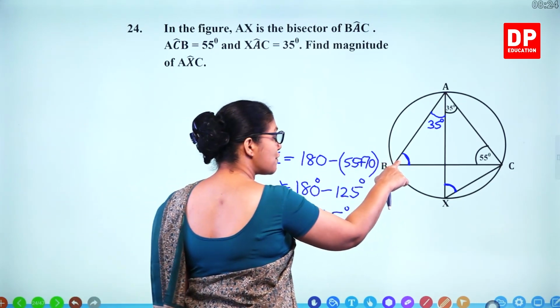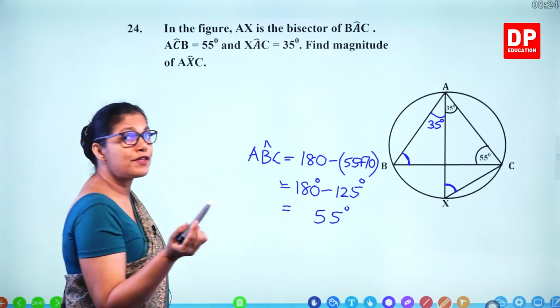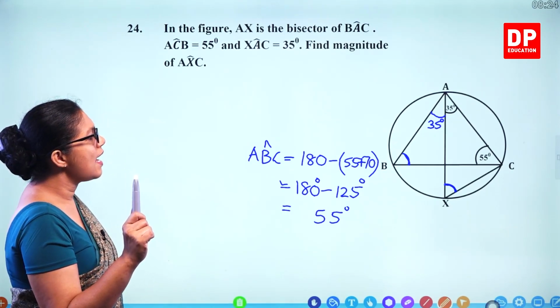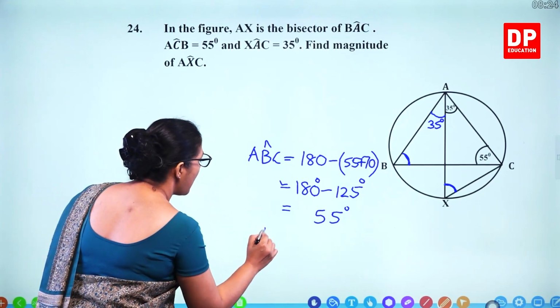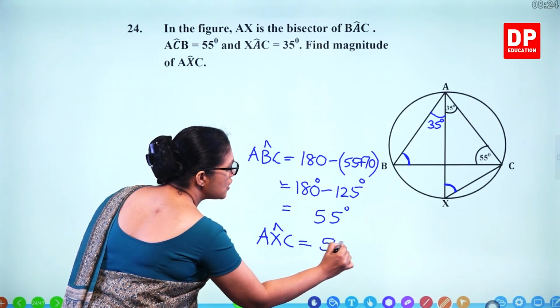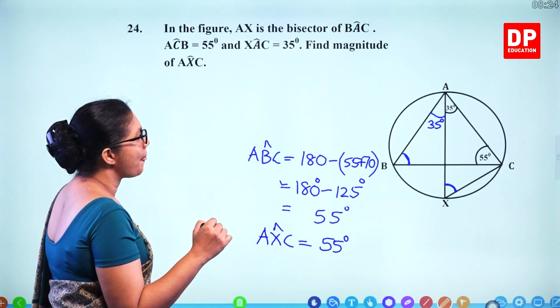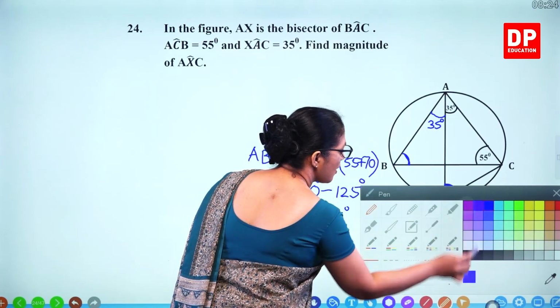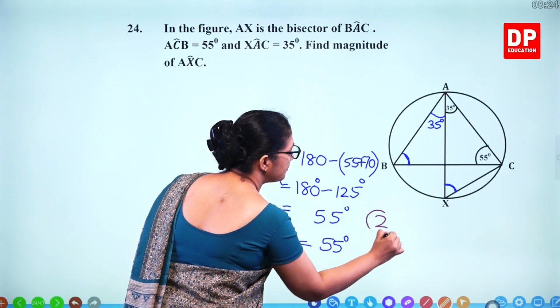So this is 55 means this is also 55. What's the reason? Same segment angles are equal. So AXC is equal to 55. You get 2 marks for that.